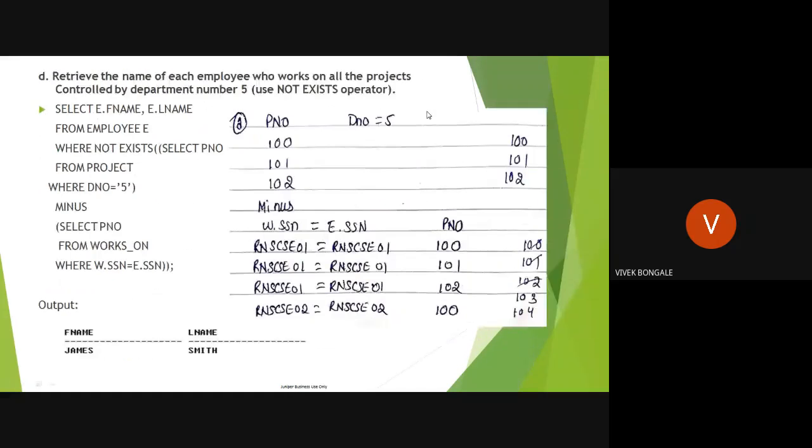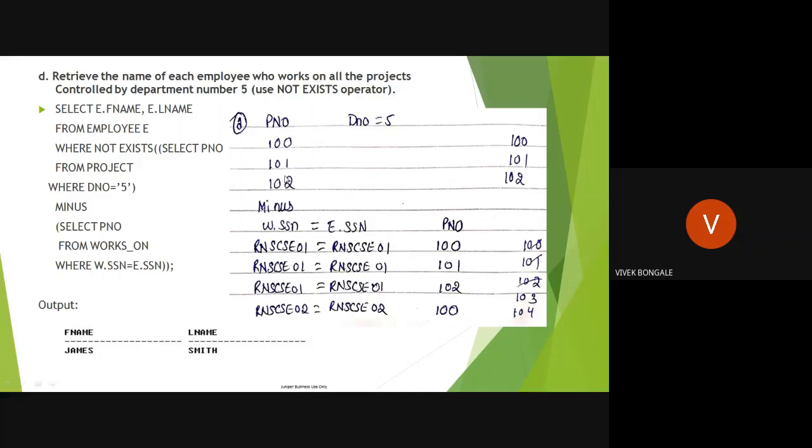To find that, I'm using this query, taking the project numbers from there, getting only the project numbers handled by department number 5. After that, the question asks to use NOT EXISTS. NOT EXISTS works this way: if the result of the subquery has at least one record, it will evaluate to false.